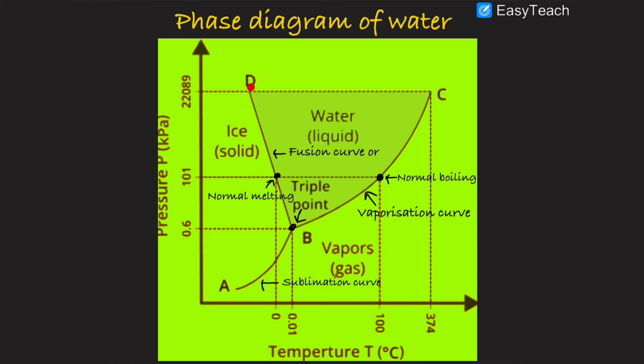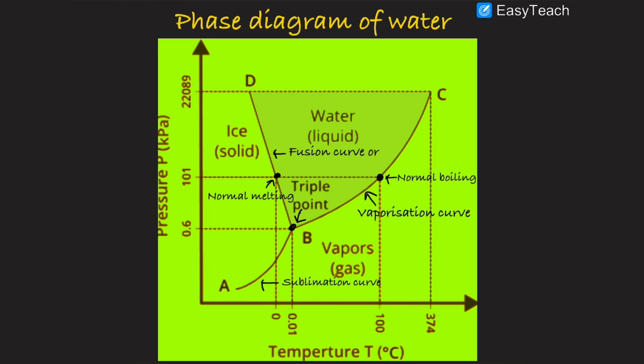And obviously this curve represents all of those points at which water is in equilibrium in solid and liquid phase, which means that at all the pressures and temperatures lying on this line, the water would be coexisting as a solid, which is ice, and liquid.